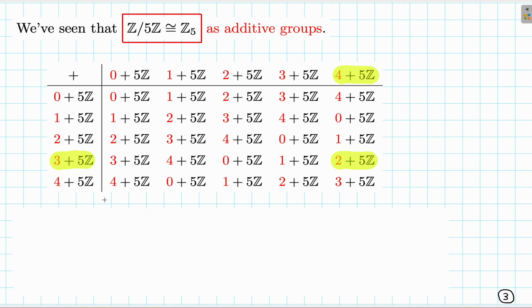Now, this table looks just like the addition table for Z5, especially if we ignore the plus 5Z in each entry of the table. And that's how we know that Z mod 5Z is isomorphic to Z5 as additive groups, because they have essentially the same addition table.